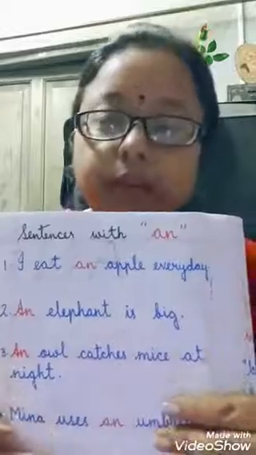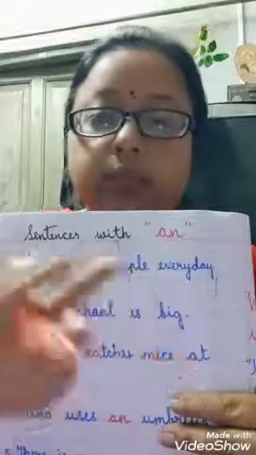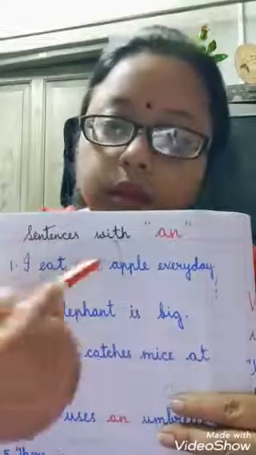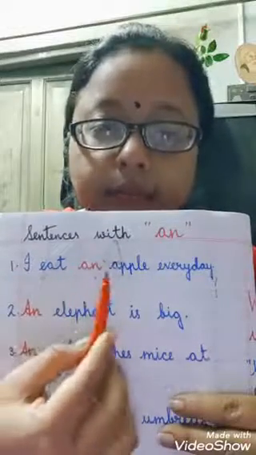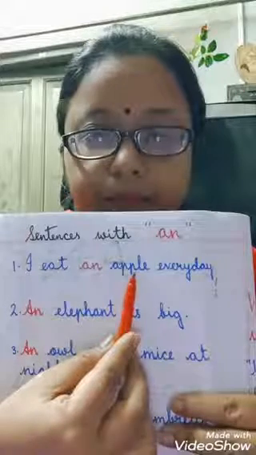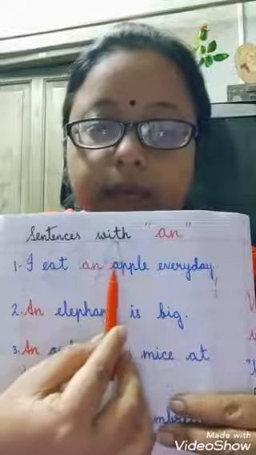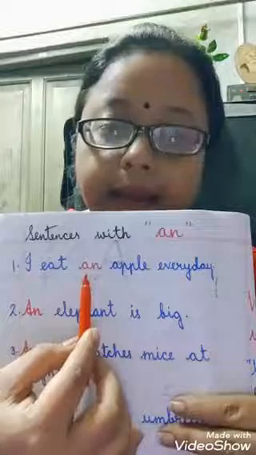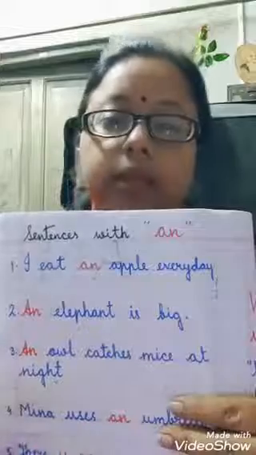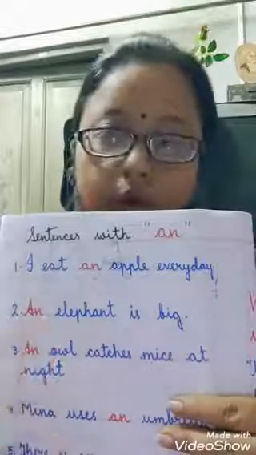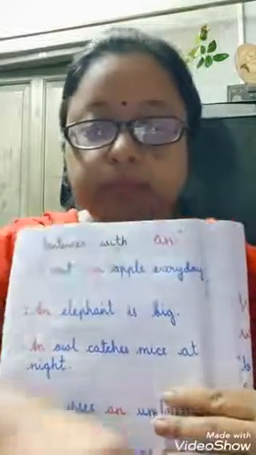Children, previously I told you we use an before the words that start with vowels, or A, E, I, O, U. Here in this sentence, we can see apple. As the apple is starting with A, we have used an. One more thing, keep this in mind: when we talk about any one thing or any one animal, then also we use an.